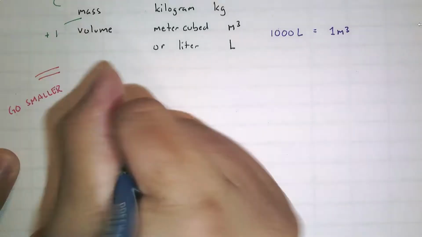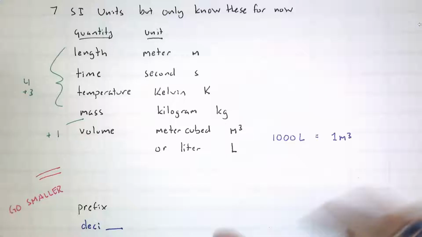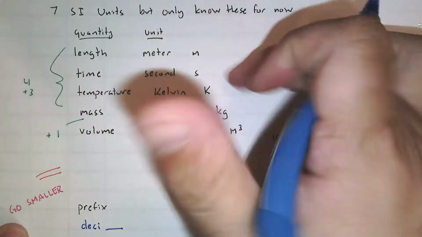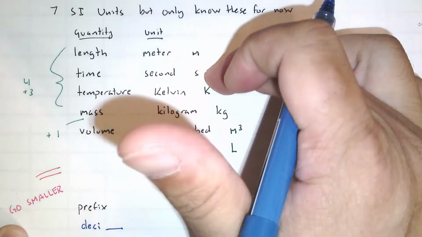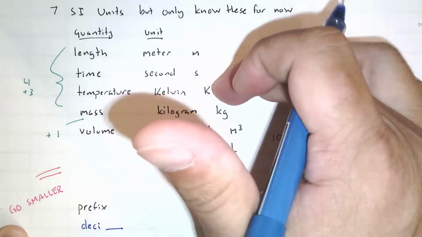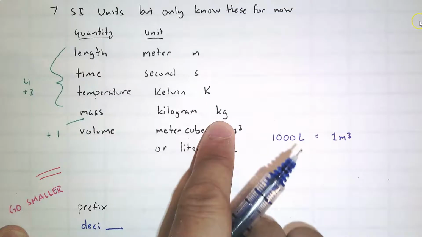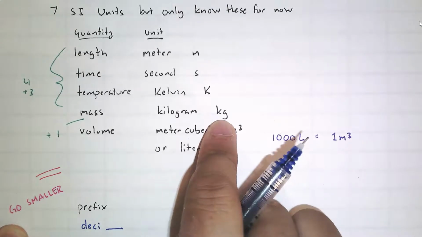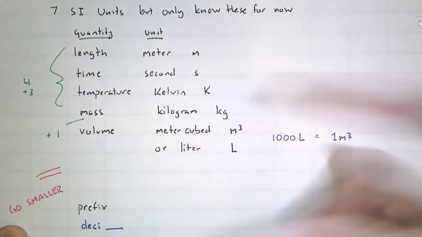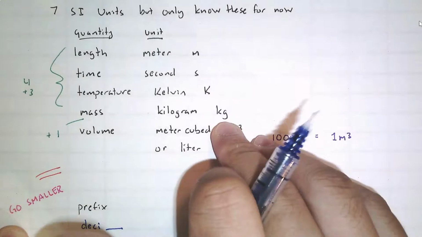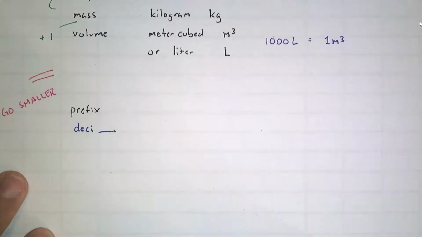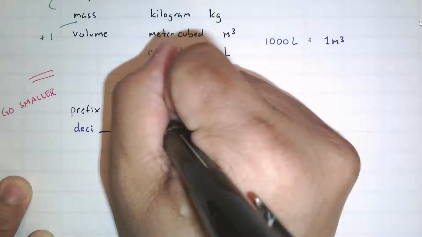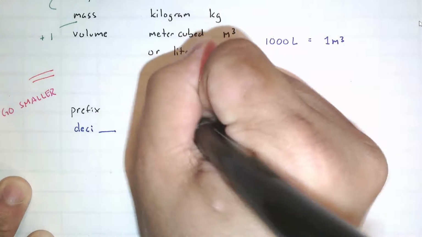What you're going to do is you're going to put deci in front of these units. Decimeter, decisecond, decikelvin. Again, this is a little strange. They don't use grams, but the SI unit is kilograms, but we'll see decigrams, and we'll do that first actually, as an example. So the symbol is going to be little d.